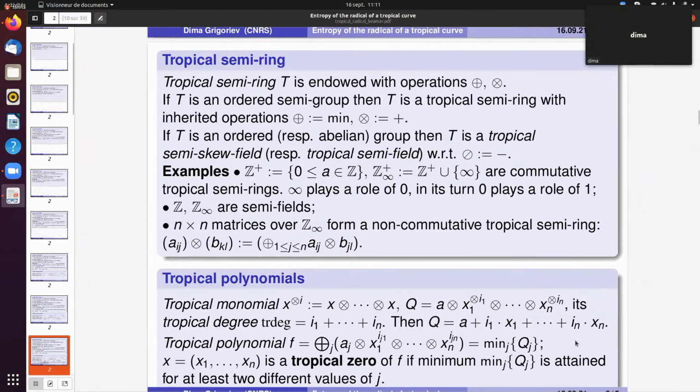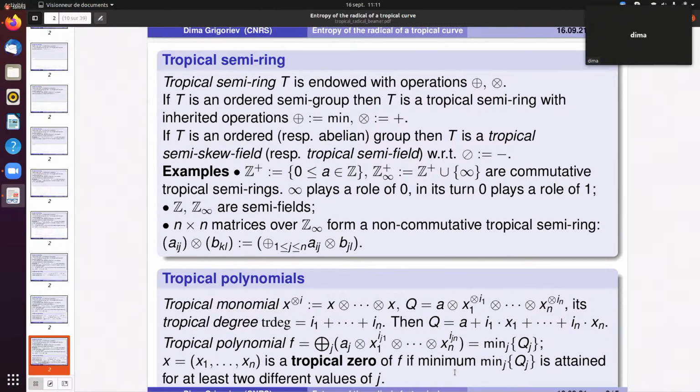tropical from the classical world is the concept of the tropical zero. A tropical zero is a point of the tropical polynomial f at which the minimum is attained at least two times, so for two different values of j, for two different monomials. Geometrically, one can view this in the following way.